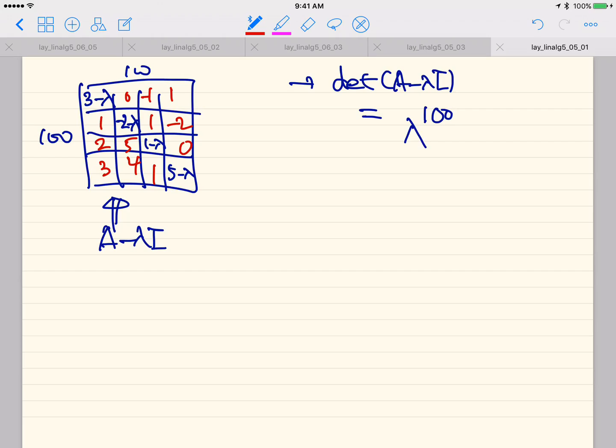When utilizing the cofactor to compute the determinant, we typically select one column or one row that has the most zeros, so that we save ourselves from huge computations.